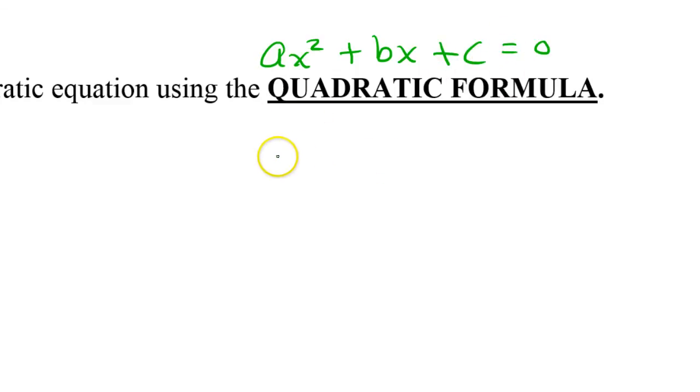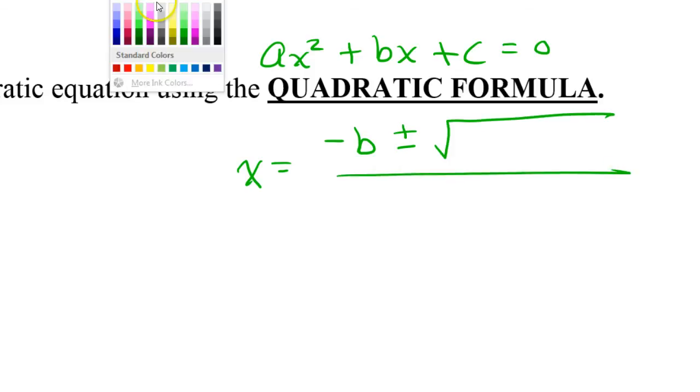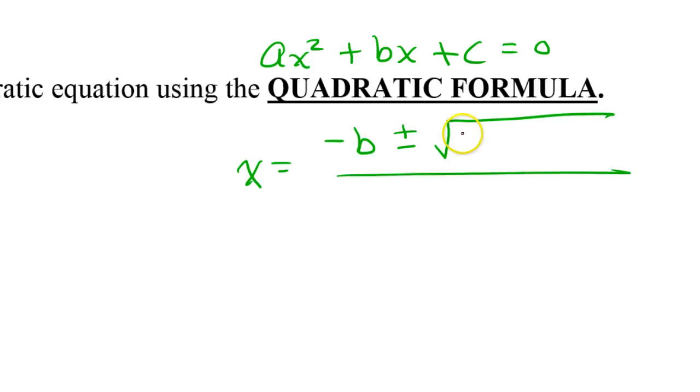Given an equation in this form, we know that x will be equal to the opposite of b plus or minus the square root of b squared minus 4ac all over 2a. And in my head I'm going: opposite of b, plus or minus square root, b squared minus 4ac, all over 2a.